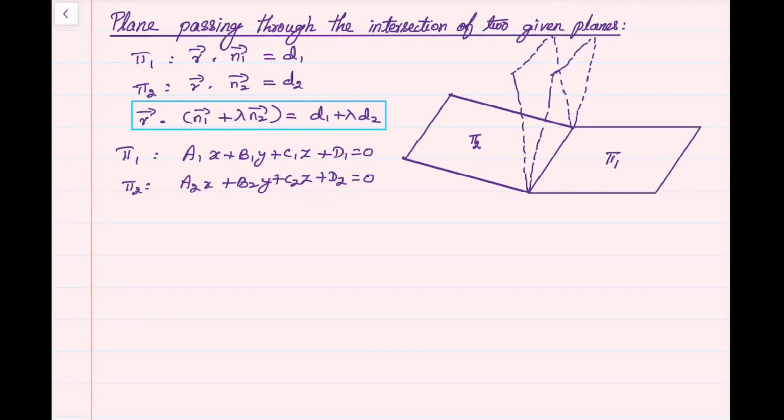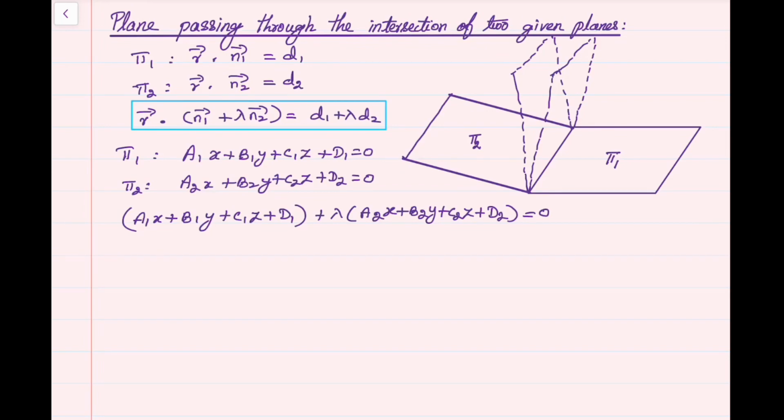The equation of the plane passing through the line of intersection is a1x plus b1y plus c1z plus d1 plus lambda times the second expression a2x plus b2y plus c2z plus d2 is equal to 0.